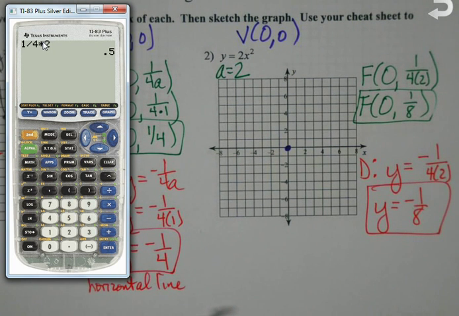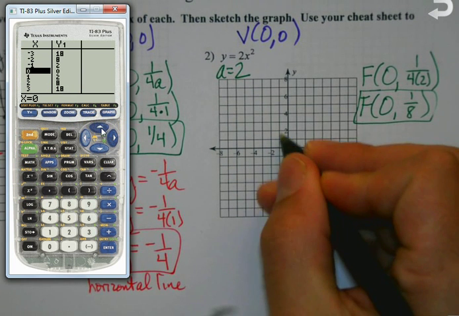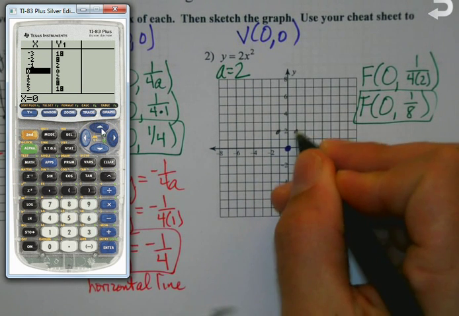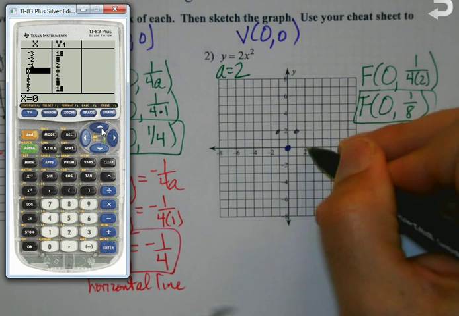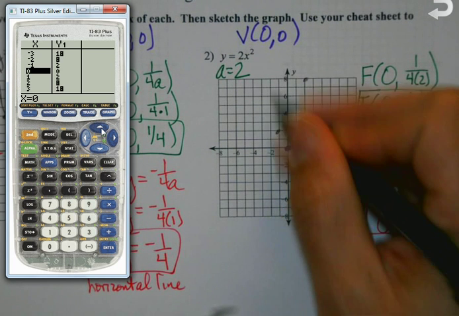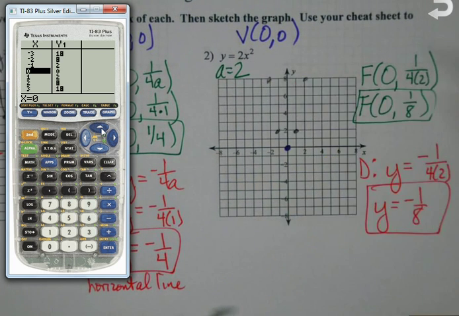Now again, to get the actual parabola so I can get these drawn in, it's up to you the way you want to go. You again can go to the calculator if you want. Make sure your vertex is in the middle of your chart, which it is right now. And you can start plotting points. Now again, the pattern would be available to you on this problem.